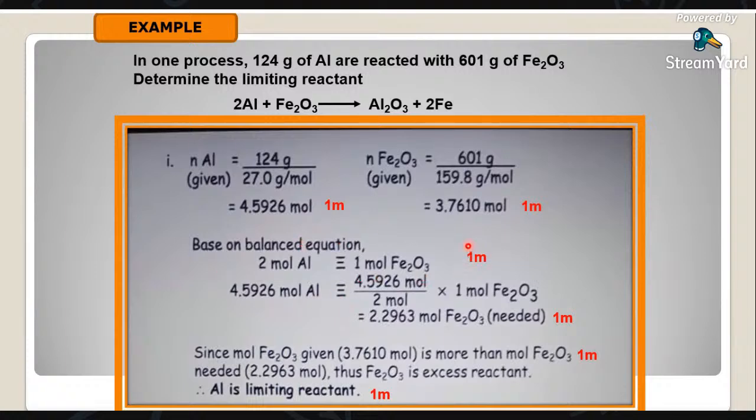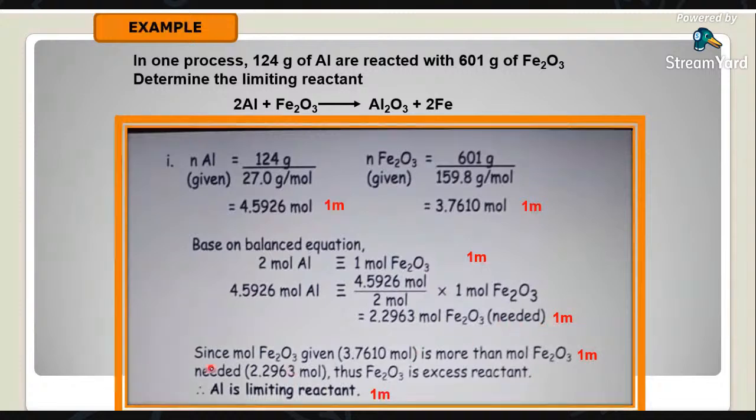Make sure in your stoichiometry you write the unit. Without the unit, the mole here, you won't get any mark. 2 mole aluminium, 1 mole, 4.5 mole, must have unit. So the stoichiometry with complete correct unit, 1 mark. The answer, number of mole of iron oxide needed, 1 mark.